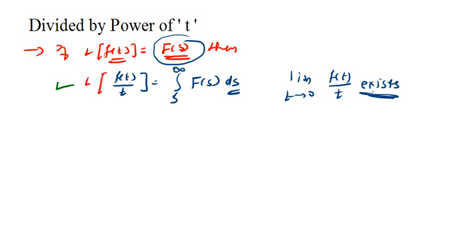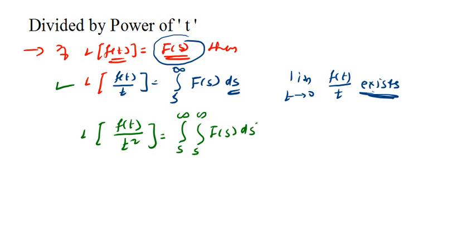If I divide by one more t, this will be L of f of t upon t square. Then you need to take one more integration, s to infinity, f of s ds square. That means this is the double integration of f of s with respect to s.